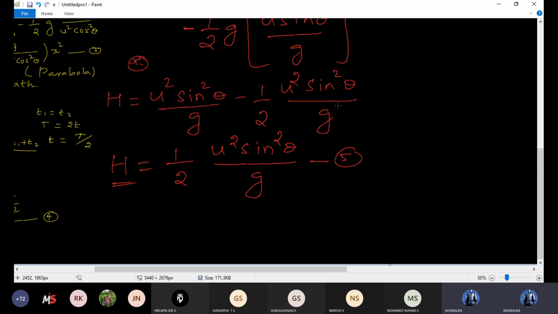So g square, g, and in this one g also cancels. Remainder 1 by 2 u square sin square theta divided by g. What are the common terms? U square sin square theta by g is common, no?